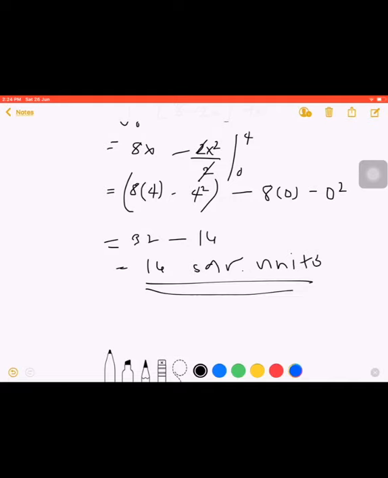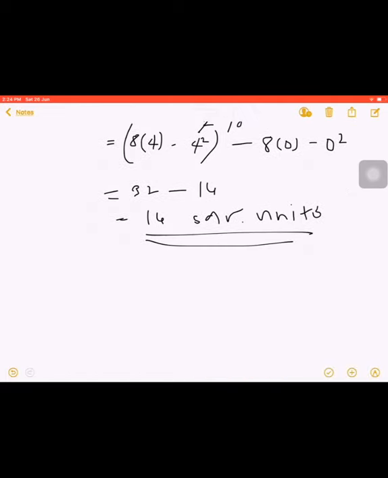Now we can also get the same answer in terms of y as opposed to in terms of x.